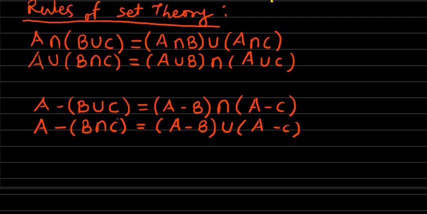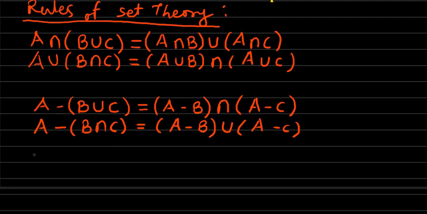The first tells us that the complement of B union C in A is the same as the intersection of the complements of B and C in A. The second tells us that the complement of B intersection C in A is the same as the union of the complements of B and C in A.